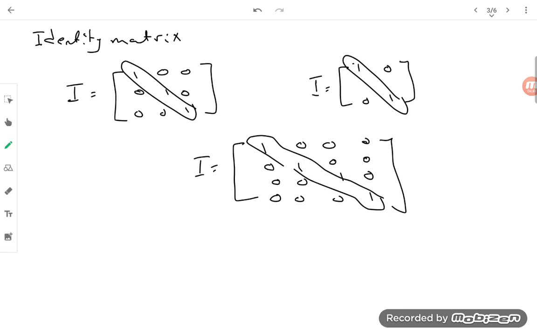Now we are going to talk about matrix addition and subtraction.